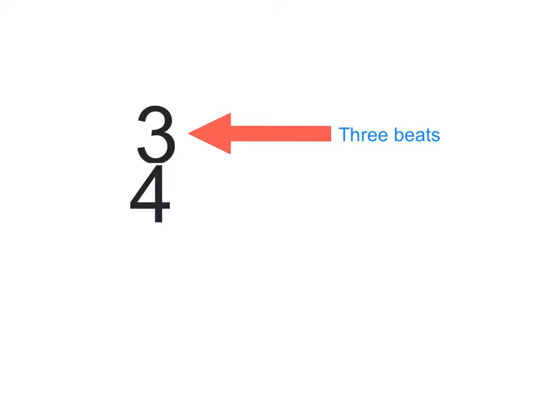Sometimes our time signature is not as simple as 4/4, which, by the way, is our most common time signature. However, sometimes we can see things like this. This time signature is 3/4, or 3/4 time. This means that there are 3 beats of quarter notes in one measure of this music.